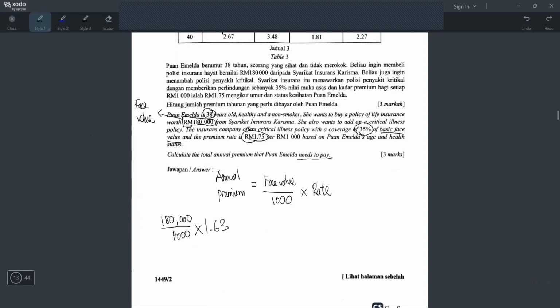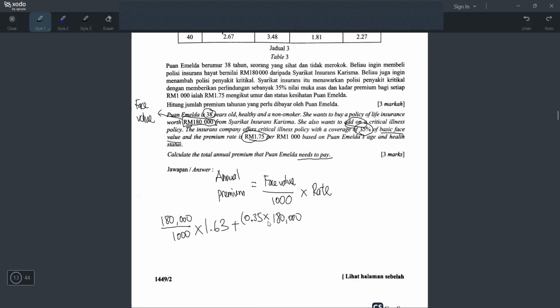So this should be your answer, but she added on another policy, right? So I have to plus the critical illness policy. The face value for the critical illness policy, they say here, is 35% of the basic face value. It means 35%, which is 0.35, multiplied with the original face value 180,000.